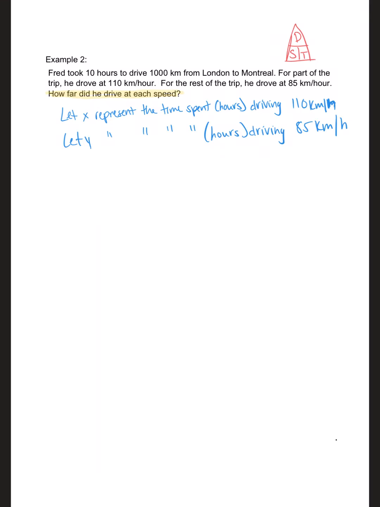And in total, Fred drove 10 hours. So we can write an equation based on that, right? We know that time is going to be however many hours x is plus however many hours y is equal to 10 hours in total.